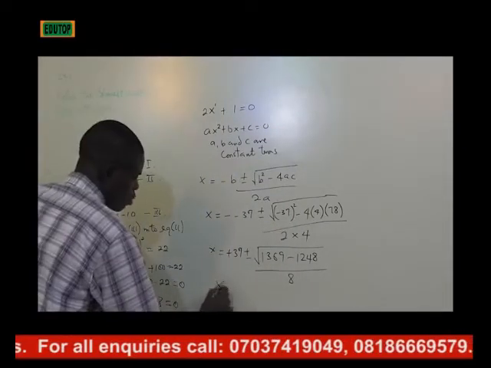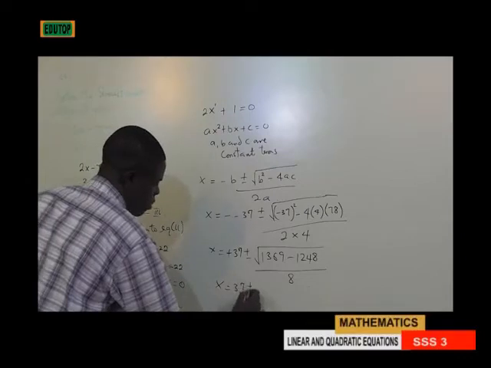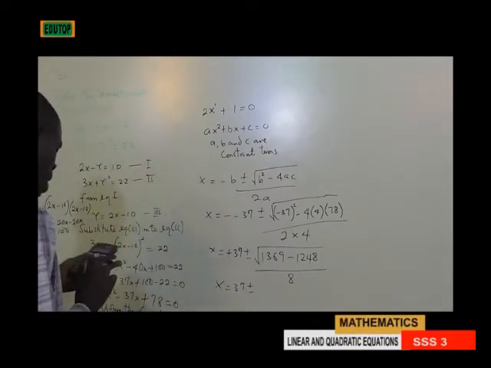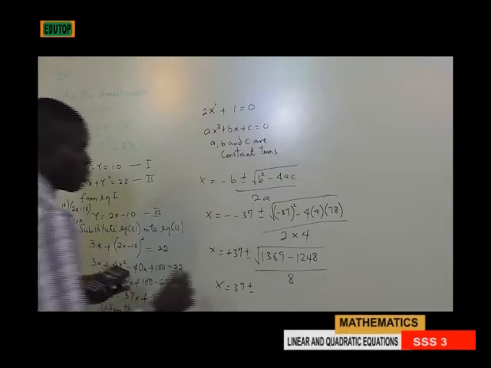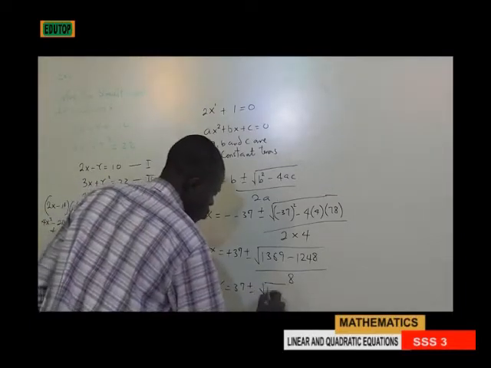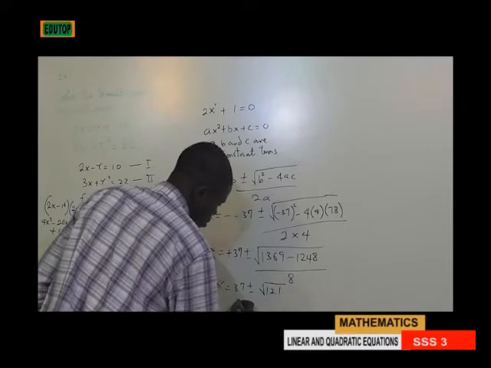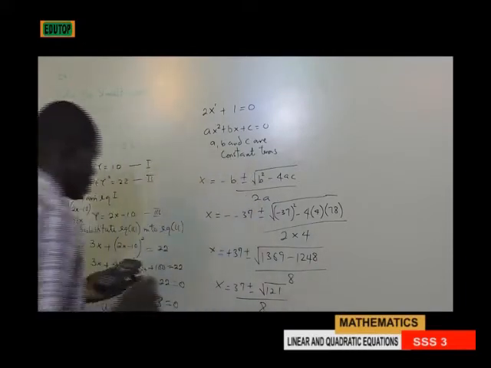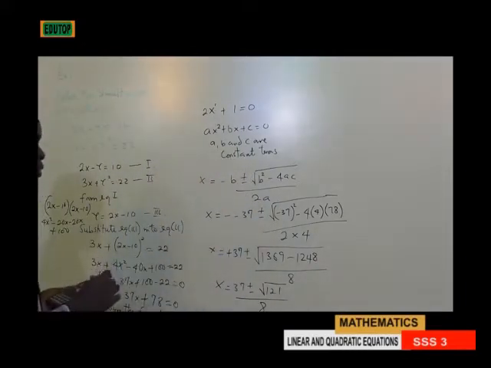Then I will now have x equals 37 plus or minus the square root of 1369 minus 1248, which gives me the square root of 121, over 8. And the square root of 121 is 11.